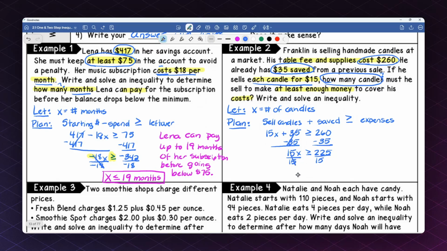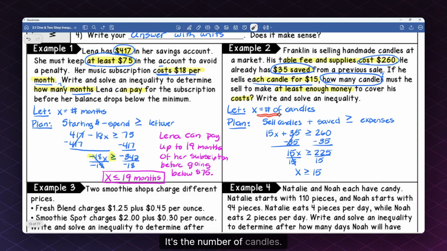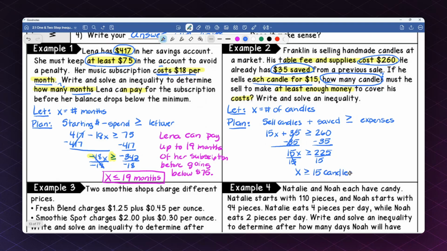Okay, x is greater than or equal to 225 divided by 15 gives me 15. Well, what did we just calculate? X is greater than or equal to 15. 15 what? Again, is it mules, dollars, schools? I mean, 15 what? Well, we look up here. It's the number of candles. Okay. So 15 candles. All right, we can draw a box around that.